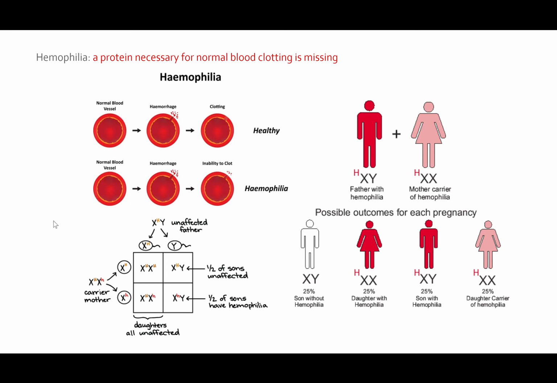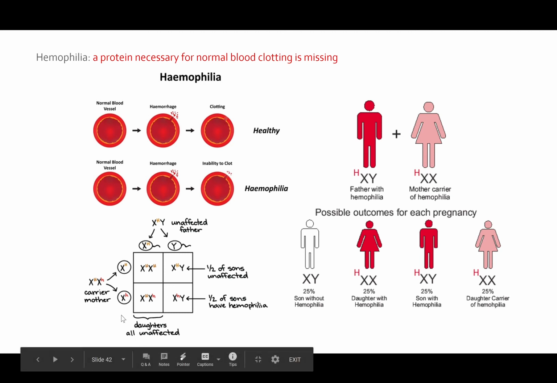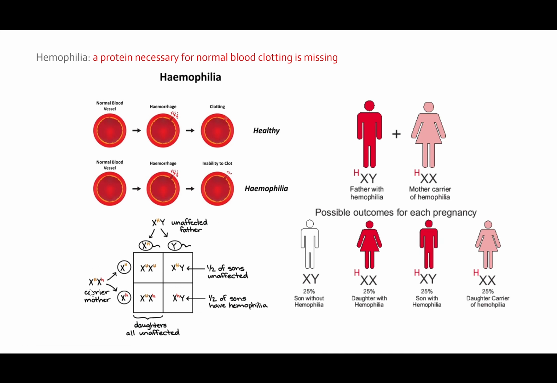Okay, but it's also on the X chromosome. And so we can represent it now with an H, which I prefer because uppercase H's and lowercase h's look different. But here's another example, and it's set up just like the one that I was talking you through earlier, where we have a carrier mother and an unaffected father, right? So the mother has one normal copy and one disease copy, okay?